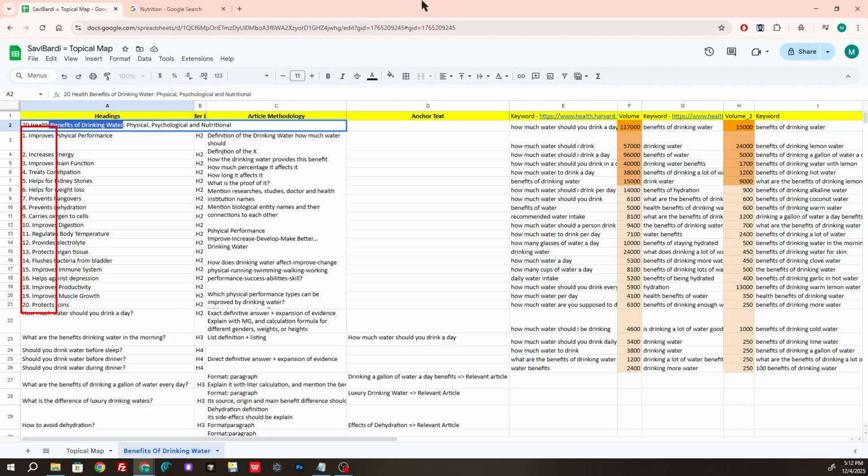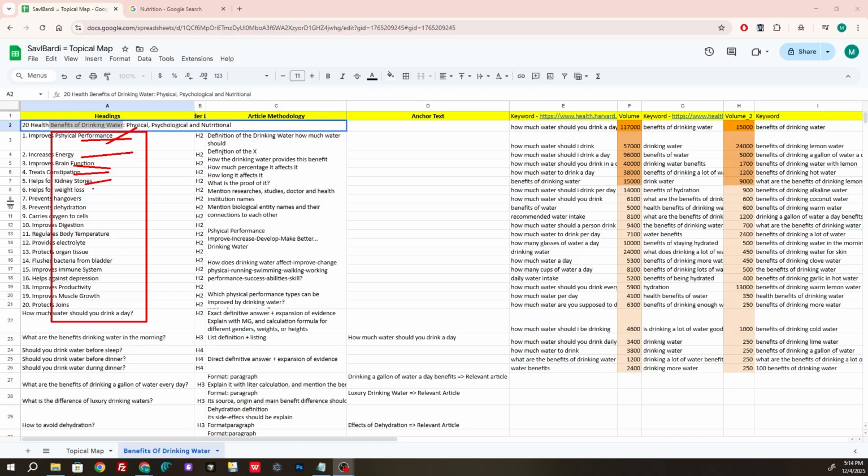When you look at the second part, you will mostly see the actual nouns, like physical performance, which is connected to brain function, energy, which is connected to physical performance, brain function, constipation, kidney stone, and weight loss.